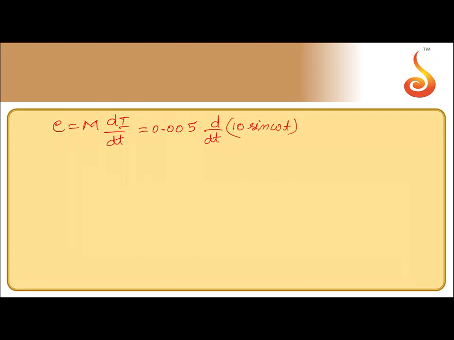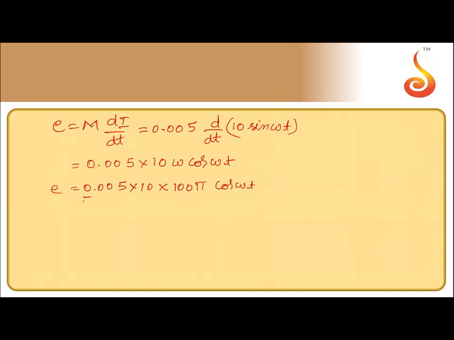We will substitute for omega later. Now, differentiate this with respect to time. So, what do you get? 0.005 into 10 omega cos omega t, that is 0.005 into 10 into omega, which is 100 pi, cos omega t.